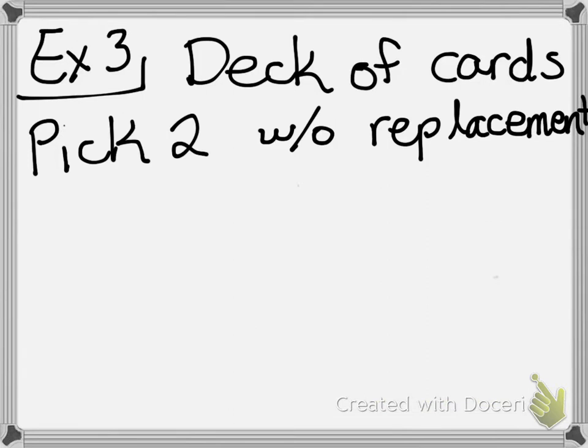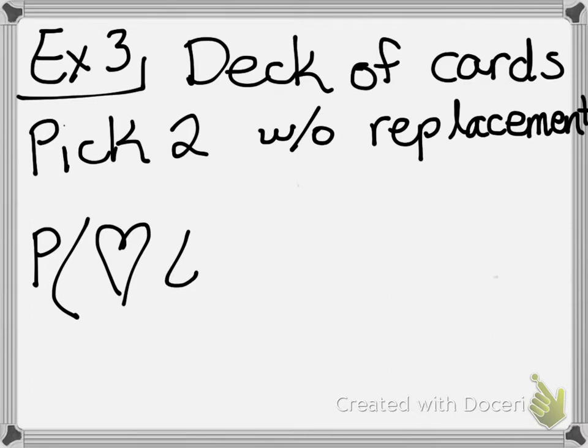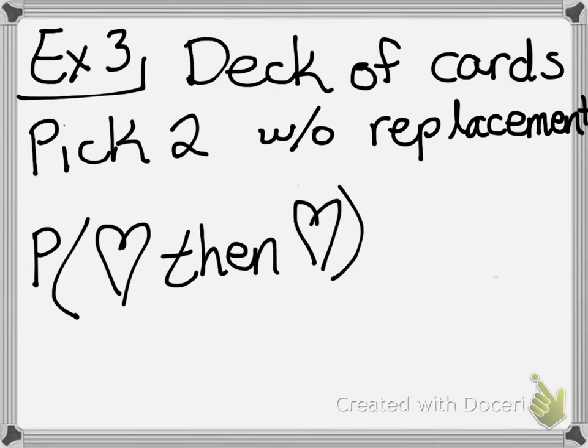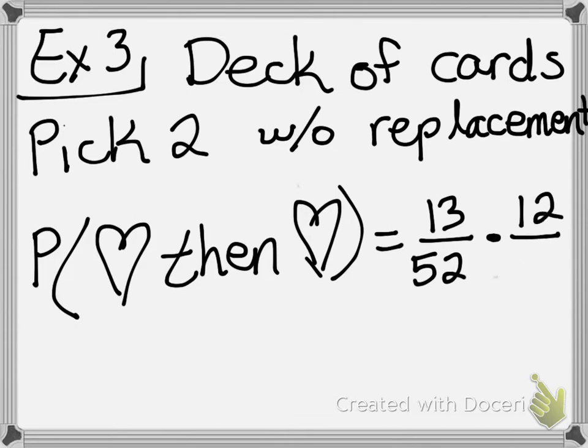Now, same question here. What's the probability that we draw a heart? We keep it in our hand, and then we draw another heart. Same thing here. There are 13 hearts in the deck of 52 cards. Now, if I drew that first heart, now there's only 12 left.